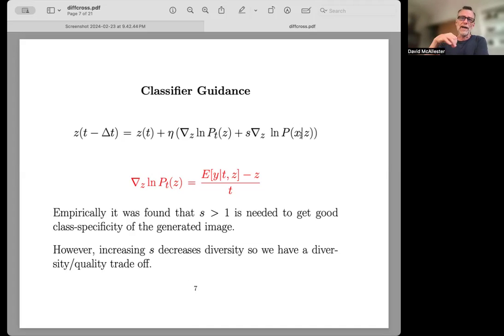However, if you want just the prototypical dog, there might be only a small number of truly prototypical dogs. So the diversity goes down. So you get better quality images, but less diversity. So you're not really modeling the distribution of dog images. You're slanting it to be the prototypical dog. At least that's one interpretation.